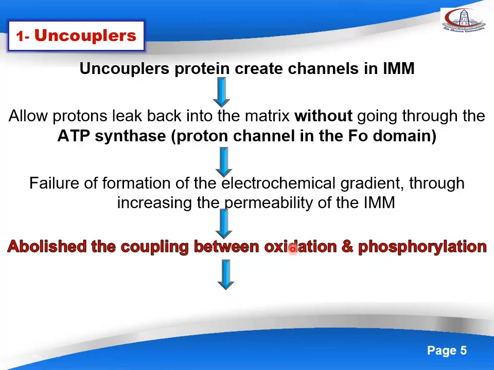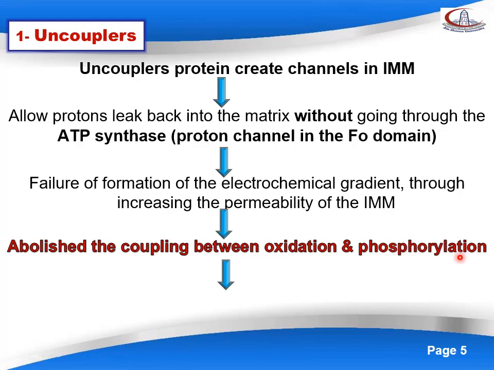Oxidation occurs normally, and with every oxidation the protons are pumped, and then re-enter the mitochondrial matrix through the channels created by the uncouplers. Phosphorylation is intact; there is no inhibition of phosphorylation, but also no activation of it. The enzyme is not damaged.